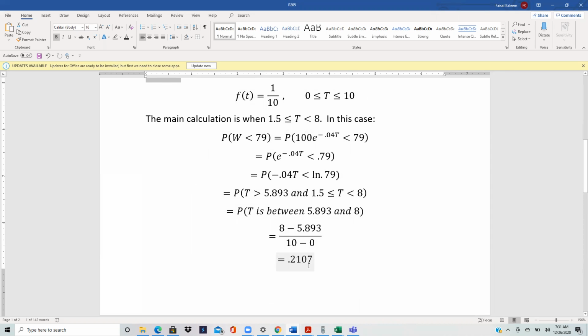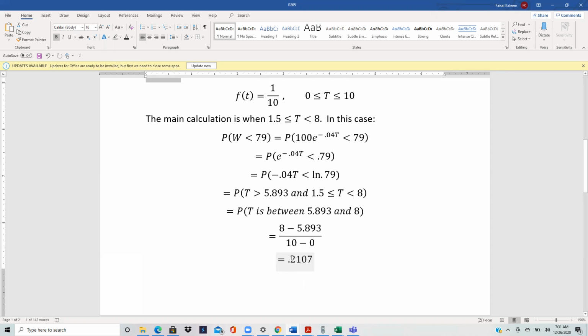So now note that in this interval, when T is between 1.5 and 8, the benefit is always greater than 0 as well. Not only is it less than 79 with this probability, but the benefit in this interval is always going to be greater than 0, because it's the present value of the 100 benefit.